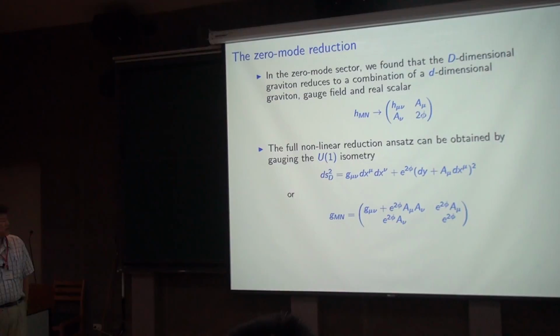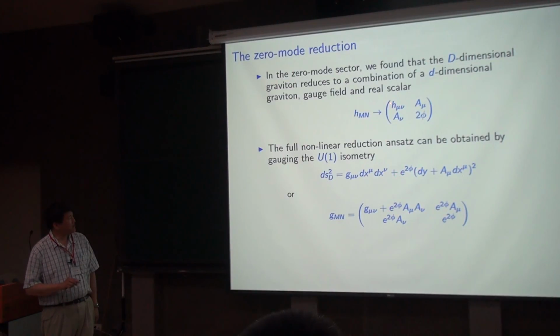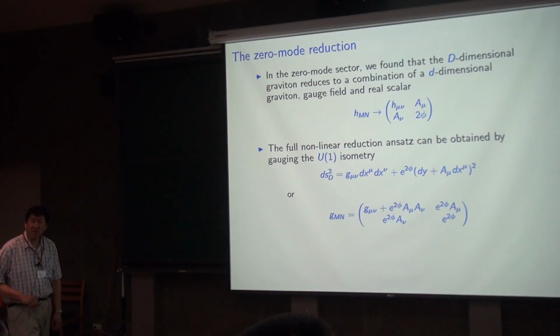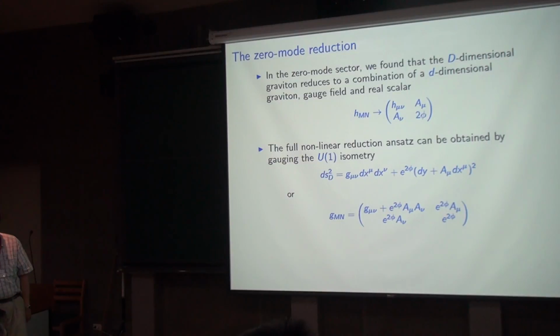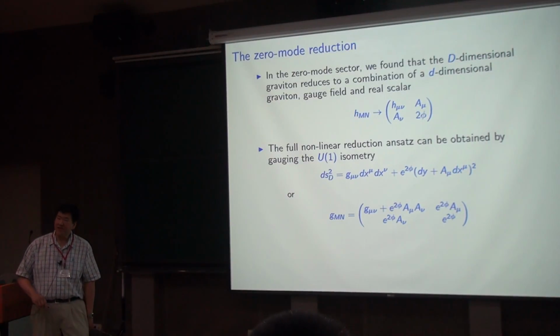Now for convenience, if I ignore the gauge field A_mu for the moment, g_mu nu dx^mu dx^nu plus e to the 2 phi dy squared is exactly what I would have said for G_mu nu over here, e to the 2 phi over there. Once I write down a five-dimensional metric like that, there's a natural way to turn on the off-diagonal components.